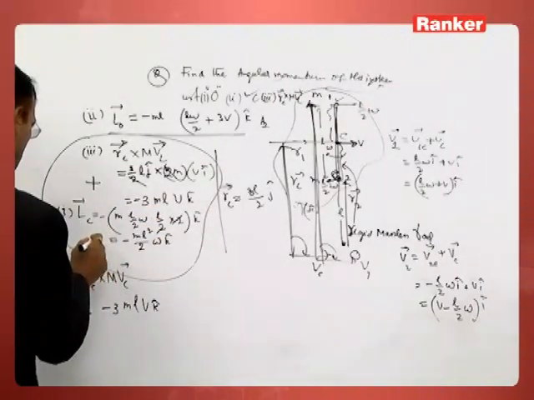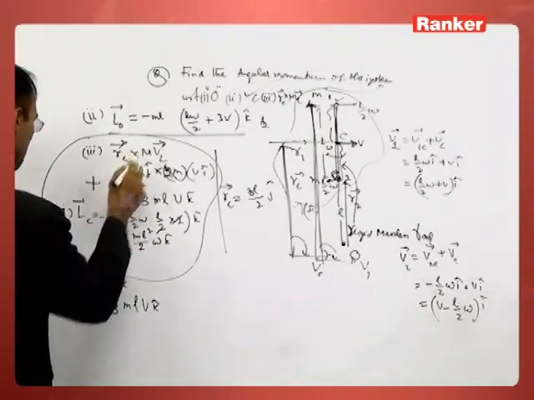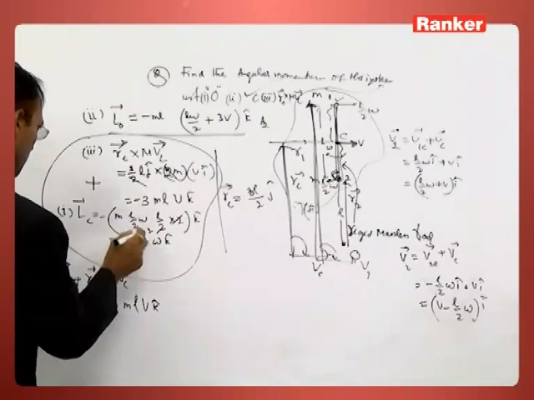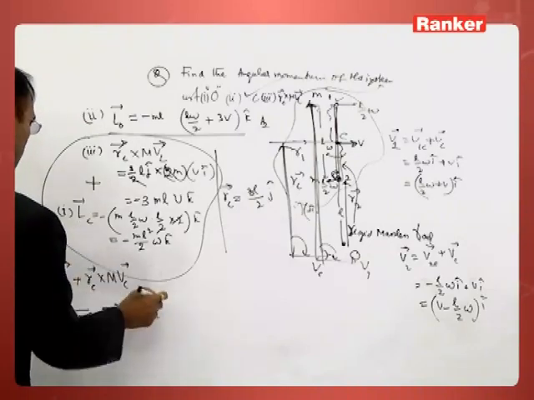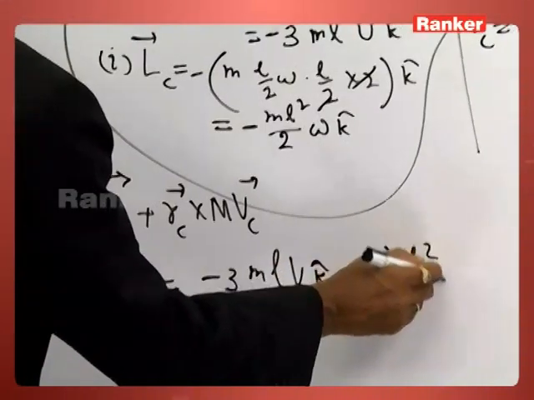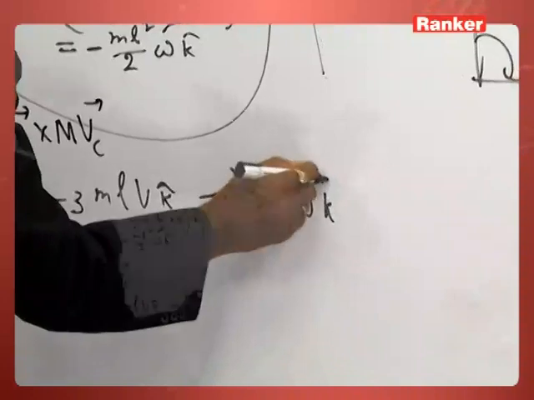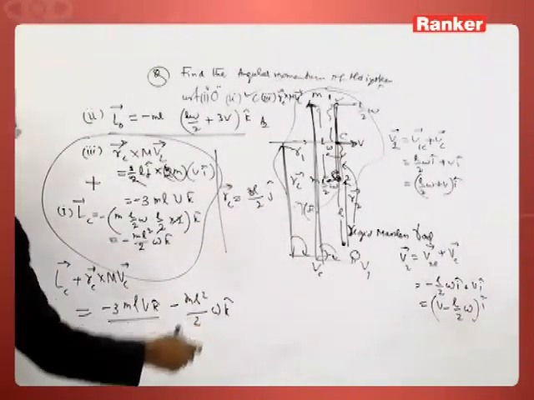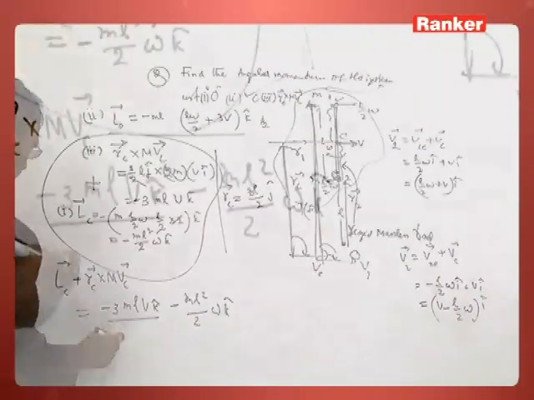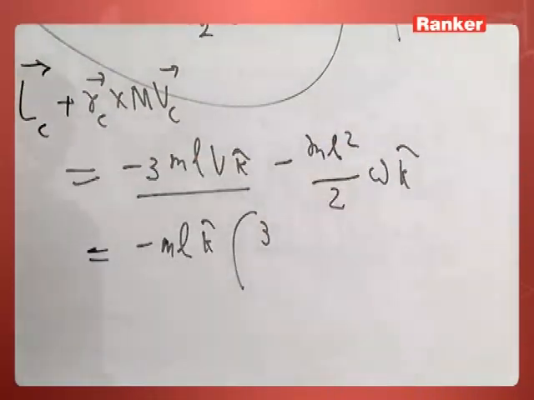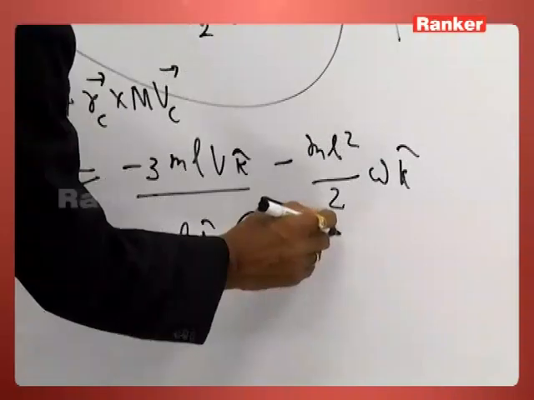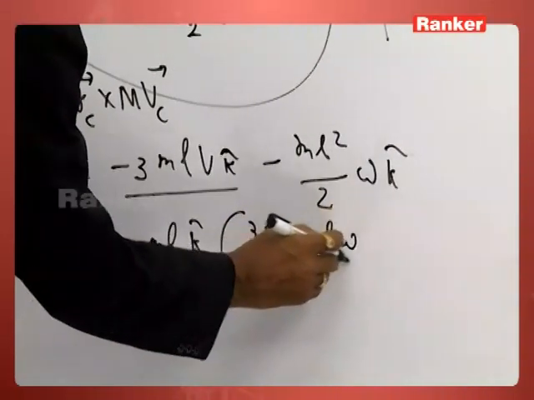RC cross MVC is equal to minus 3 M L V K cap, and LC is equal to minus ML square by 2 omega K cap. If you add these two, you get minus ML K cap times 3V plus L omega by 2.